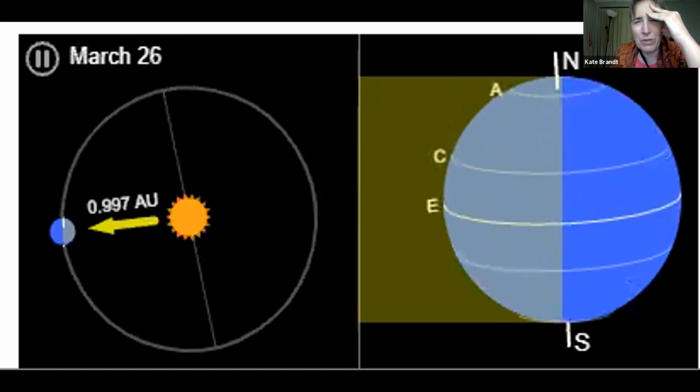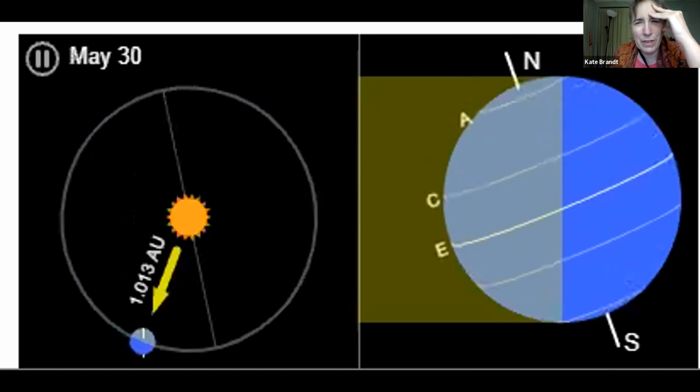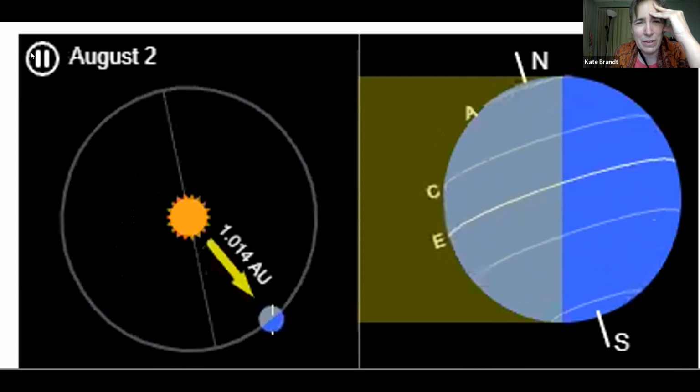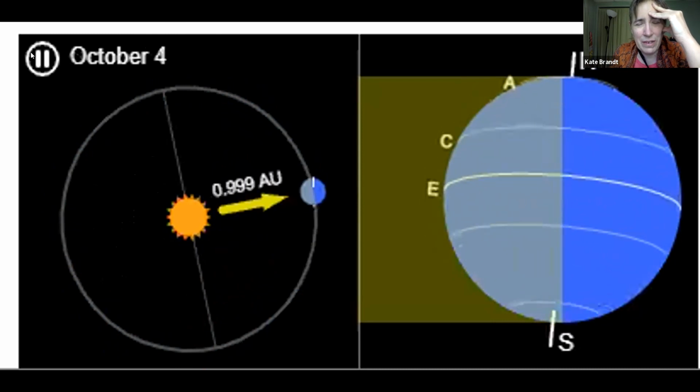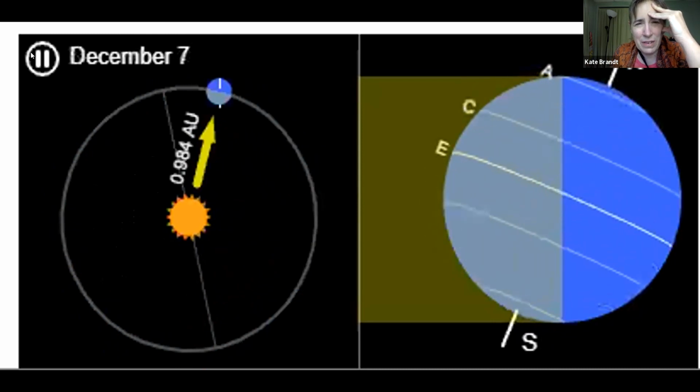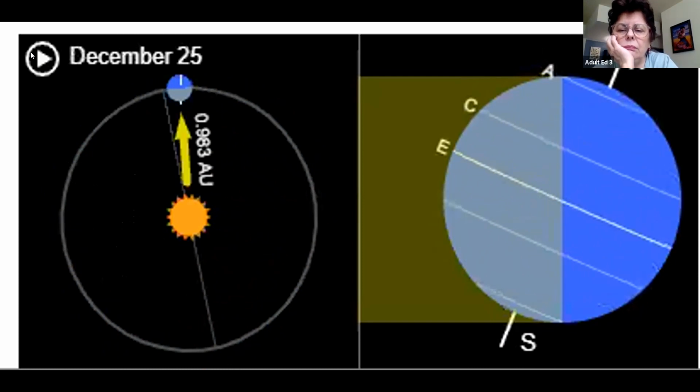I think it's good to also look at winter in the Northern Hemisphere. Oh, Christmas, look at that. It's nice that you'll notice the distance changes as the little radius goes around.